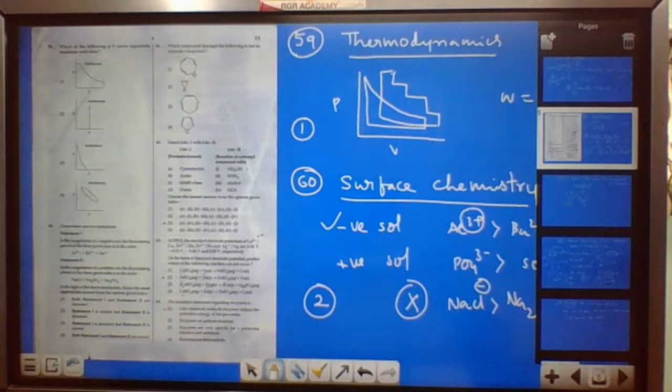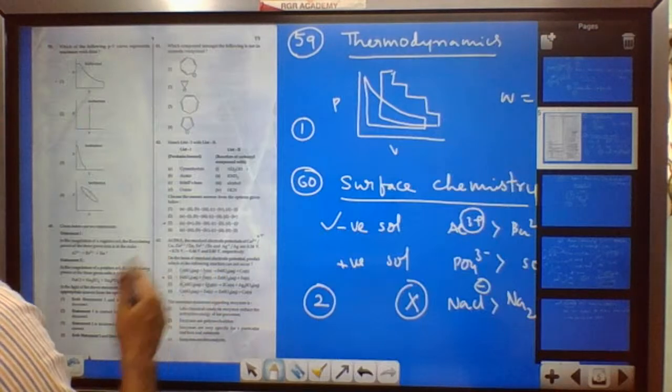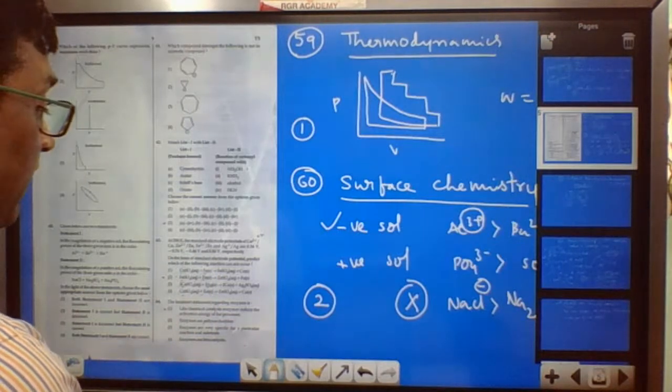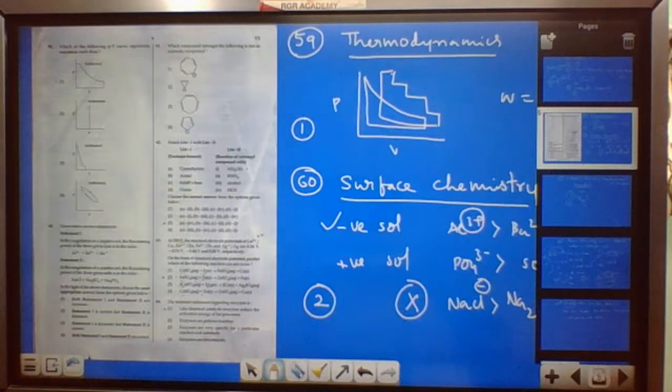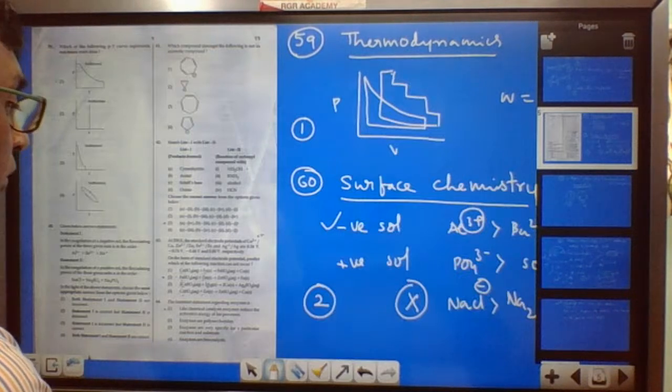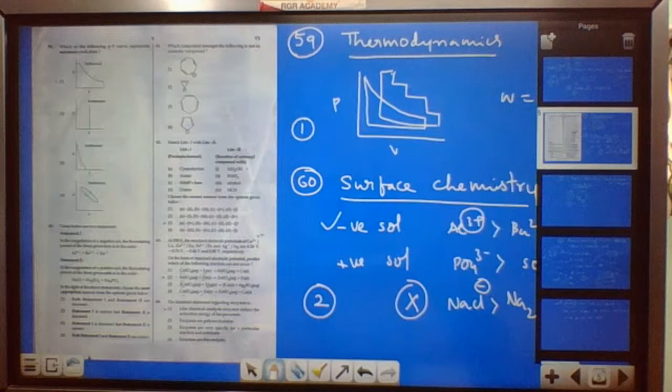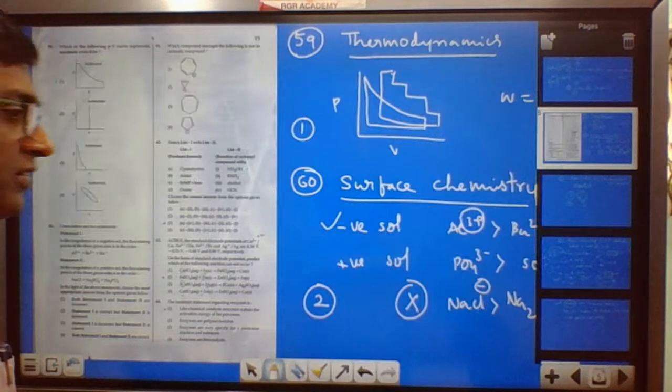In the second case, zinc can displace iron, yes, because zinc has less standard reduction potential, that is minus 0.76, compared to iron. Next one, silver has more standard reduction potential compared to copper. Silver has 0.80 and copper has 0.34. So silver cannot displace copper, but copper can displace silver. So the option is 3. They are asking, on the basis of standard electrode potential, predict which of the following reactions cannot occur. So the third one is the right option.